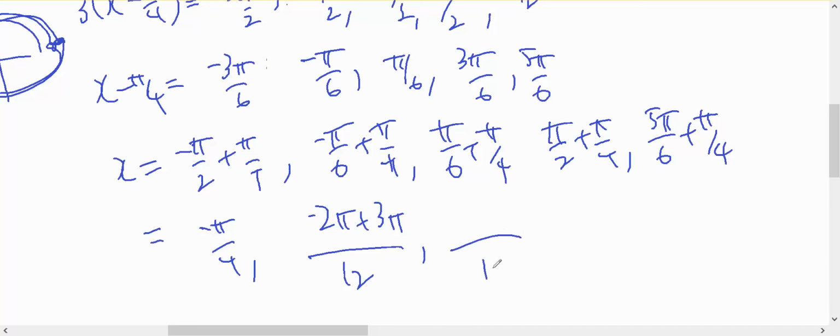And this is also over 12, and that will be 2 pi plus 3 pi. And this will be 3 pi on 4.